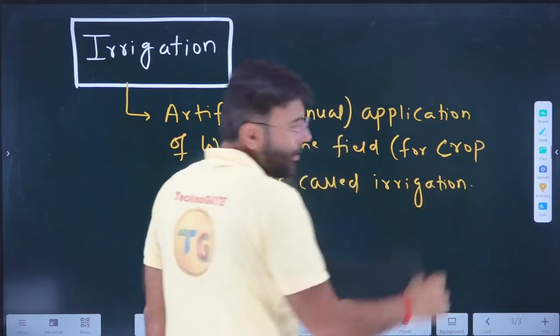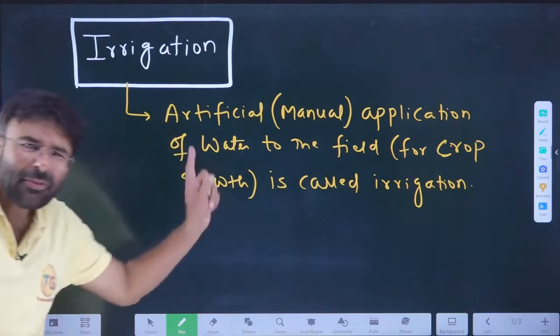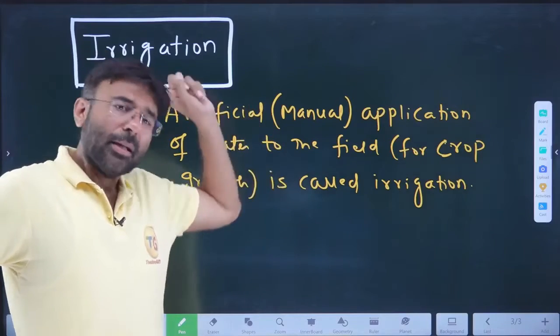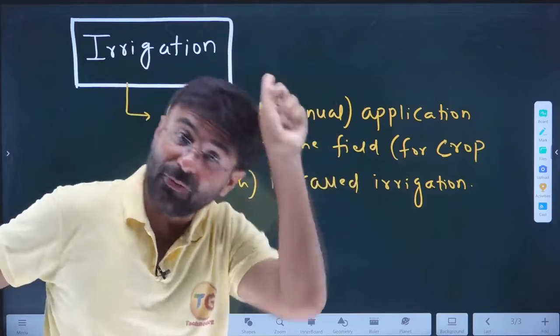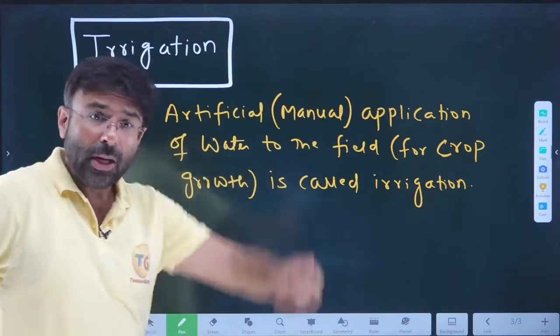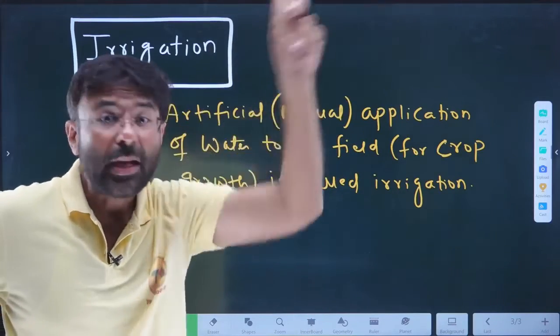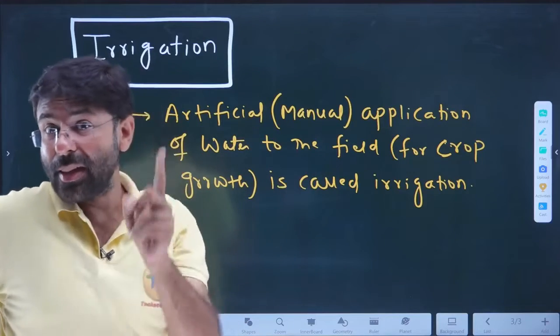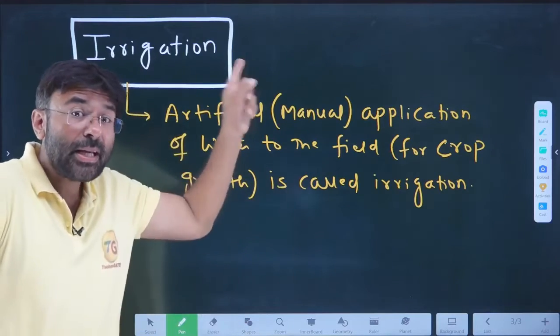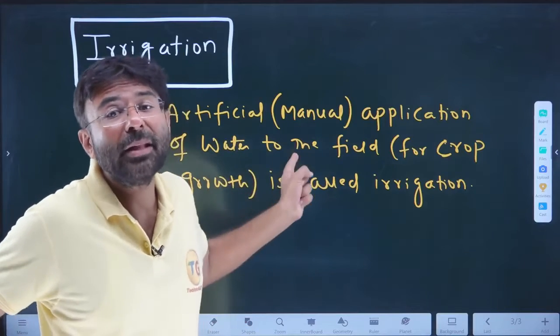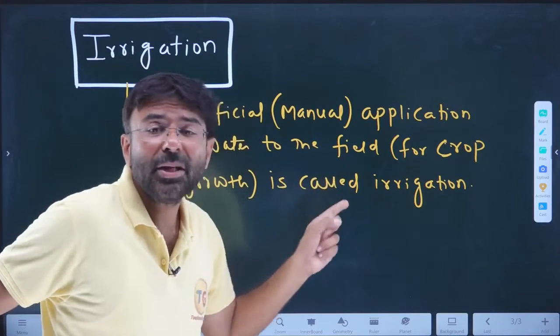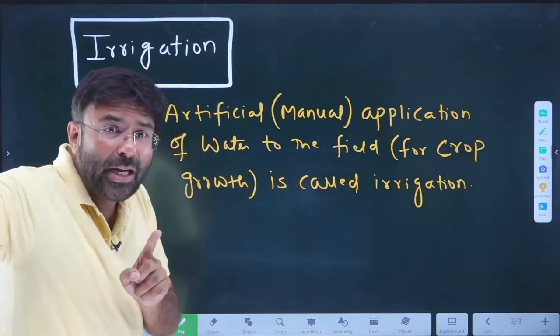Artificial means not natural. The agricultural field will be receiving some natural water also in the form of rainfall from the atmosphere. But that water is not considered as irrigation. Irrigation is the water that is supplied by us. We are going to supply this water to the field, and that application of the water to the field, apart from rainfall, is irrigation.